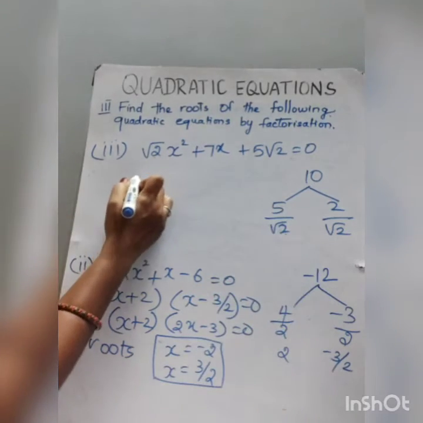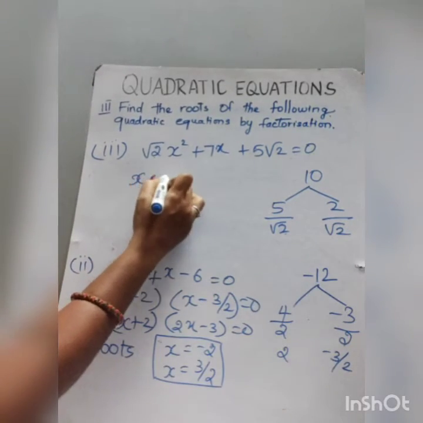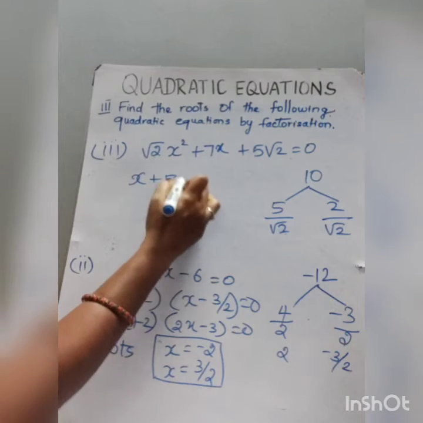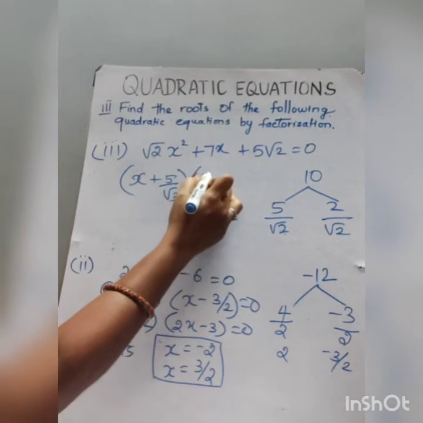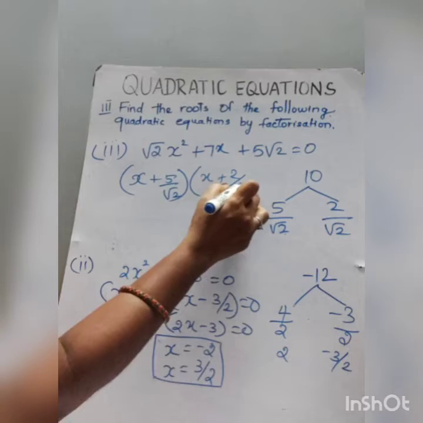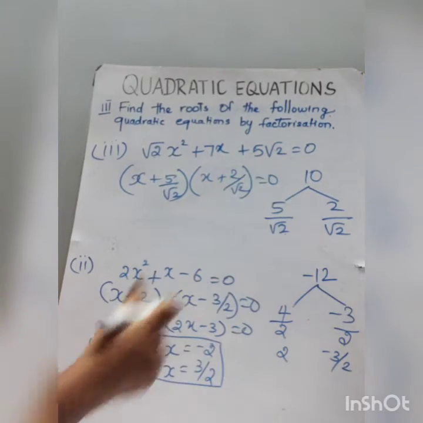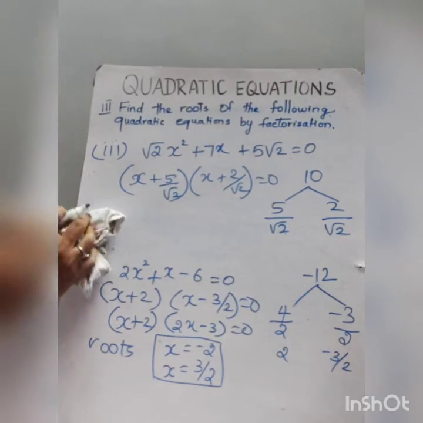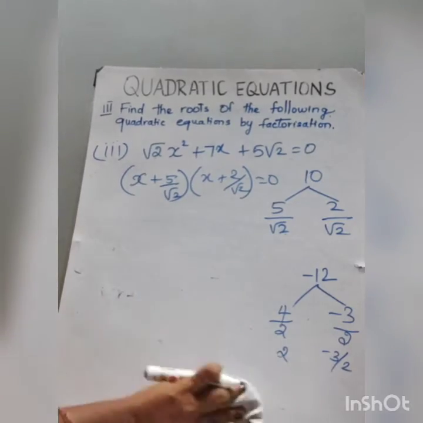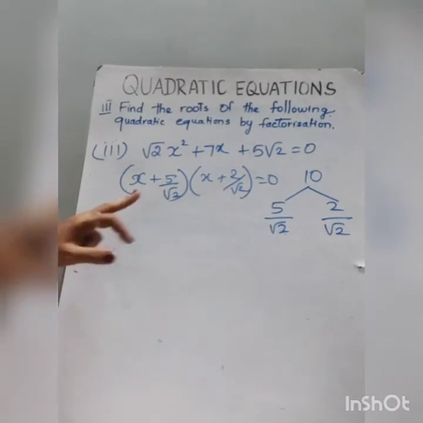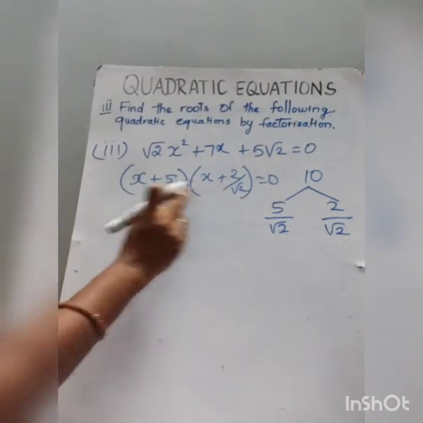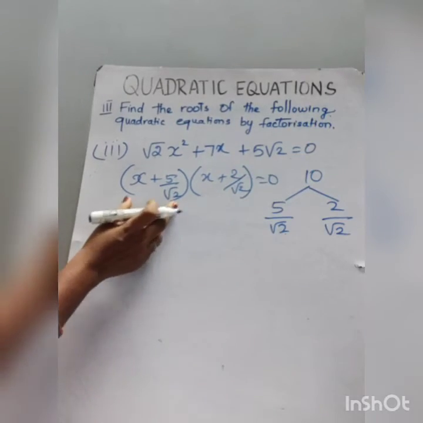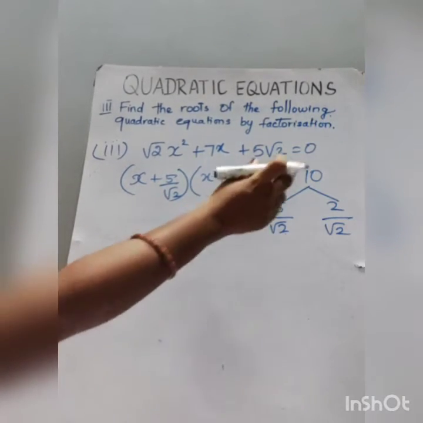Now I can simply write the factors as x plus 5 by root 2, x plus 2 by root 2 equal to 0. Now the roots are, when I equate this term to 0, since the product is 0, I can equate this as 0 or this as 0.